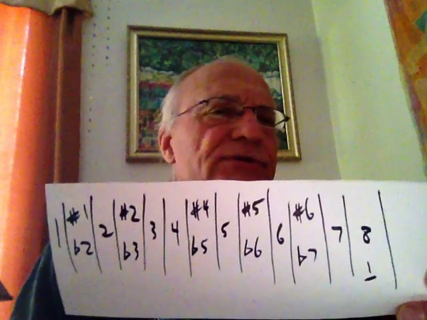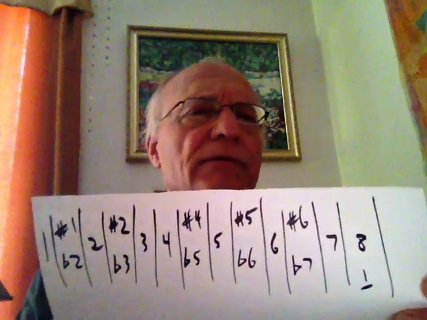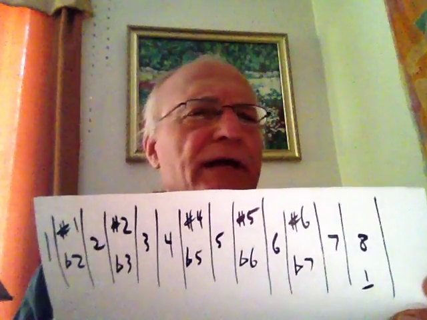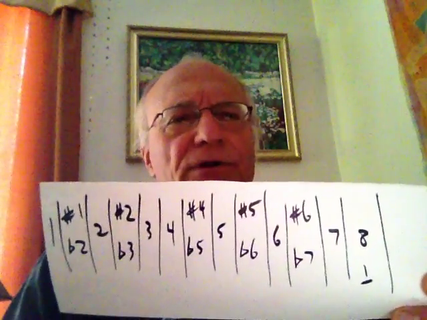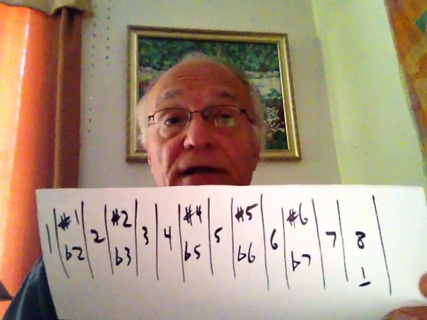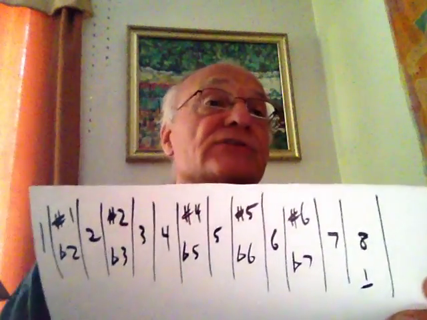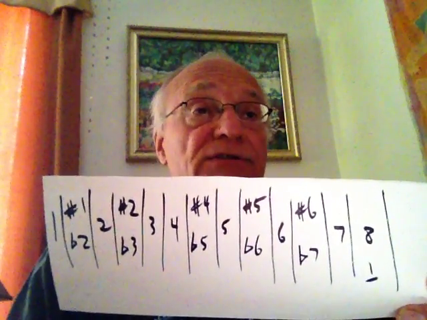It's also known as Aeolian scale. That's all I would have to tell the other musician, and they would automatically know that we're going to play 1, 2, flat 3, 4, 5, flat 6, flat 7, and the octave. Those would be the choices of notes that we would extract out of the chromatic scale.